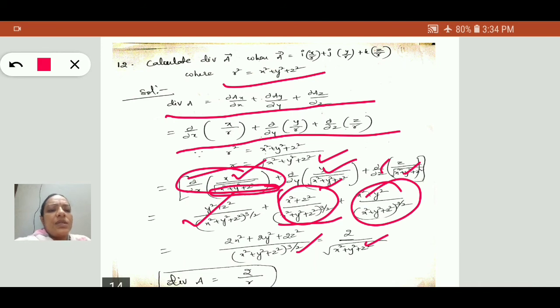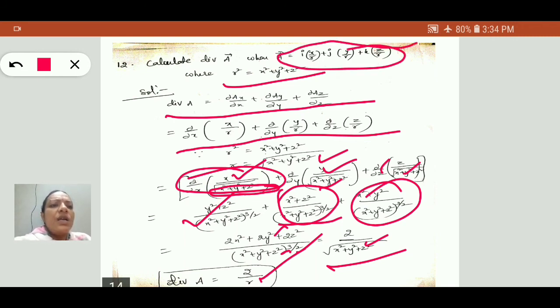That is 2, and the x² plus y² plus z² cancels. The remaining is 2 by the square root of x² plus y² plus z². This is the magnitude, which can be written as 2 by r. So this is the problem. If the given vector is in this form, then the divergence of that vector is 2 by r.